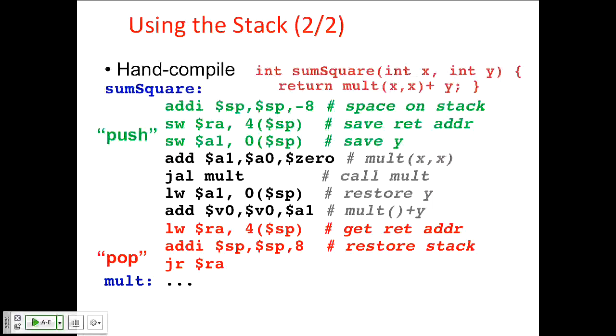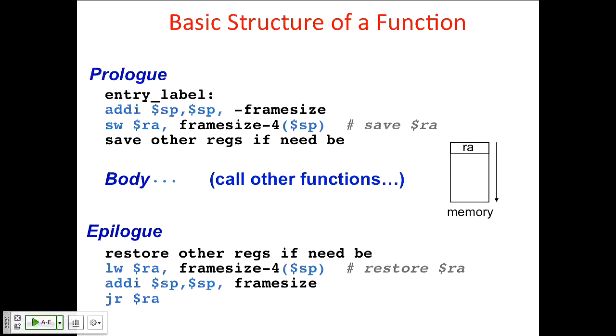So then I can use mult as a placeholder for that address in program memory. So at the start of every function, you can have its name with a colon, and that's going to be a label any other function can use to call this function, right? It's going to know that's where it lives. Then there's going to be allocation of the stack frame. So the first thing you do is actual instruction you execute.